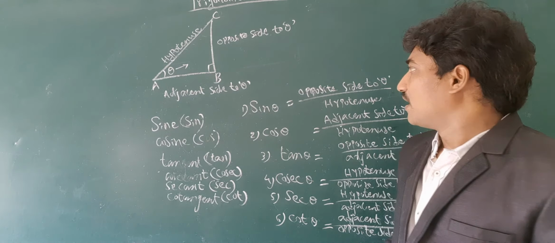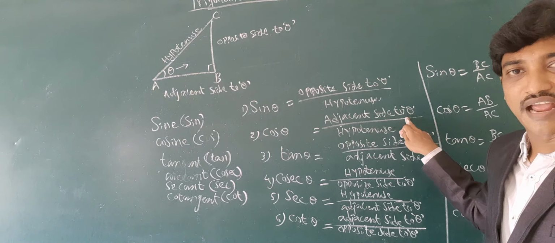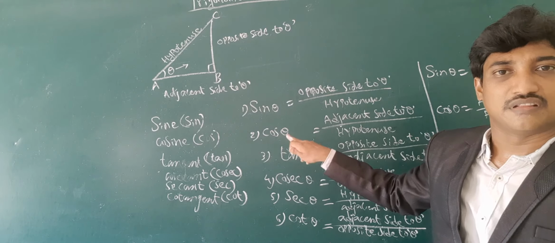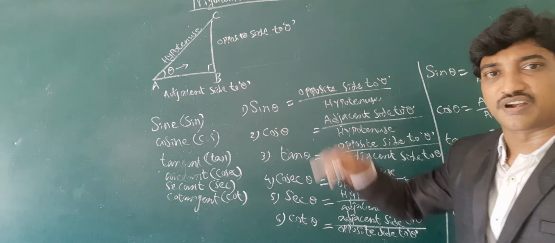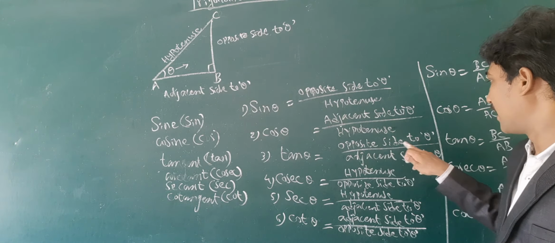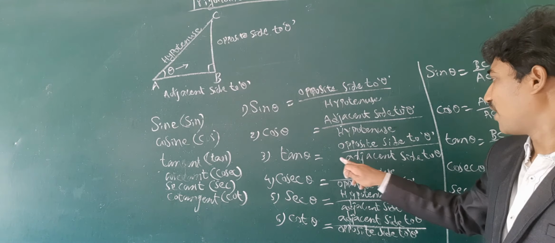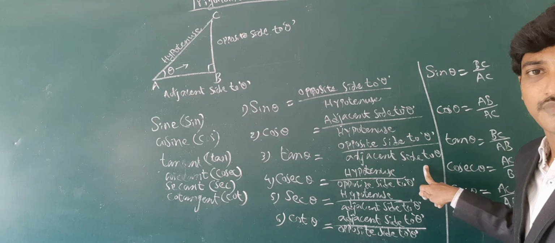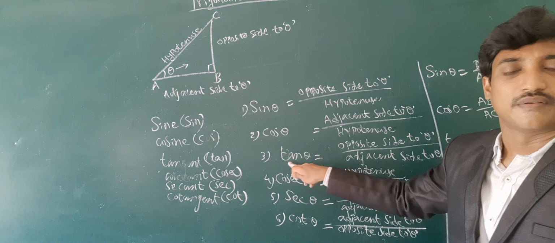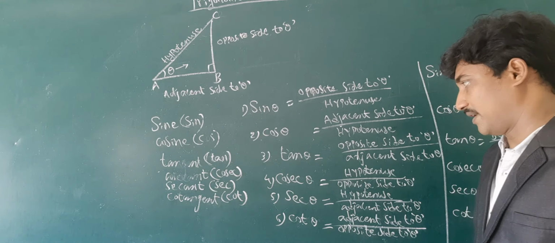Cos theta: the ratio of the length of the adjacent side of that angle and the hypotenuse is called cosine of that acute angle in that right angle triangle. Tan theta: the length of the opposite side of that acute angle and the length of the adjacent side of that acute angle, that ratio is called tangent of that acute angle in that right angle triangle.